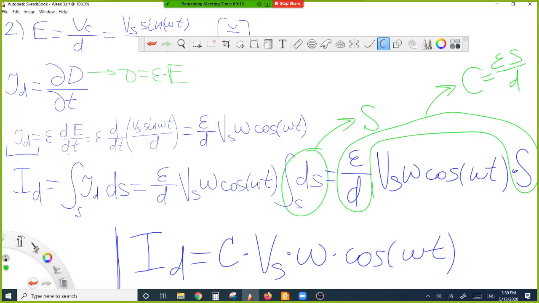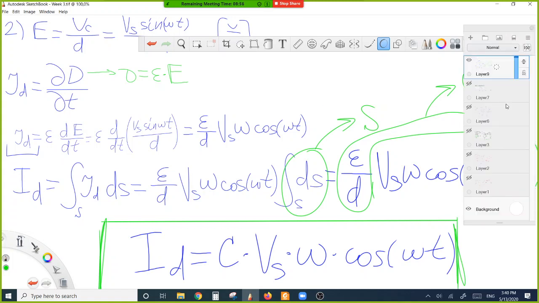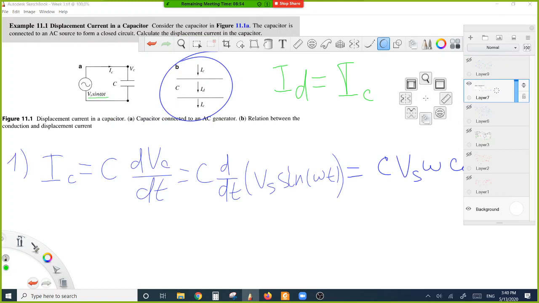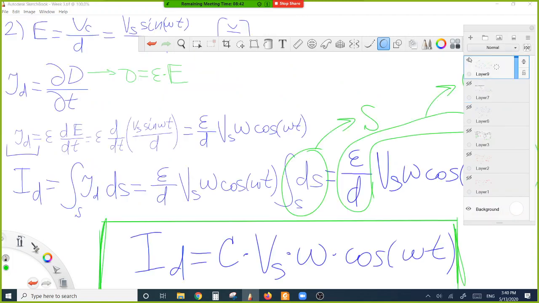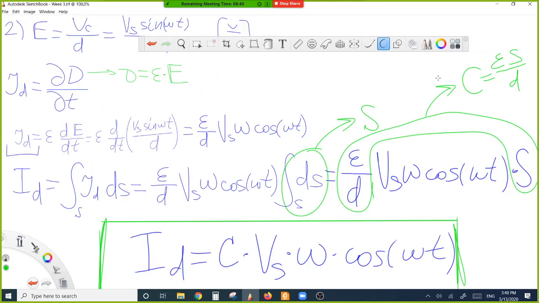And if we look to our previous answer, the answer is exactly the same. The displacement current in the capacitor is equal to C multiplied by Vs by omega cosine omega t.